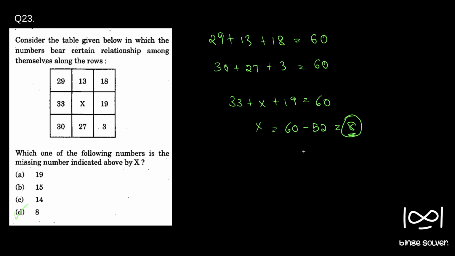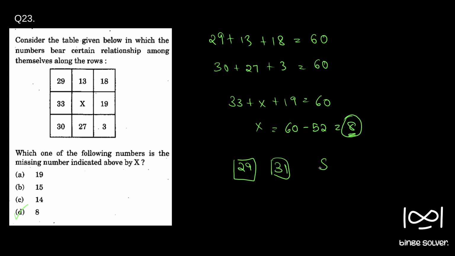The reason why I said one solution is there is one more relationship in this. So if you take the sum of the second and third element, we'll get 13 plus 18, which is 31.